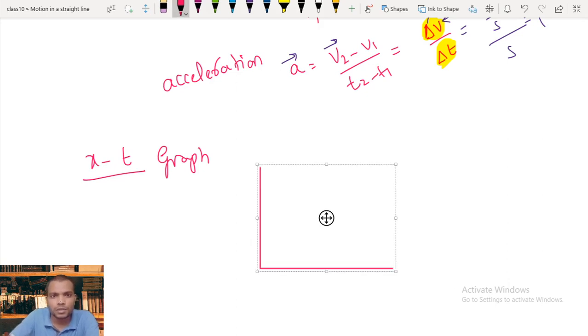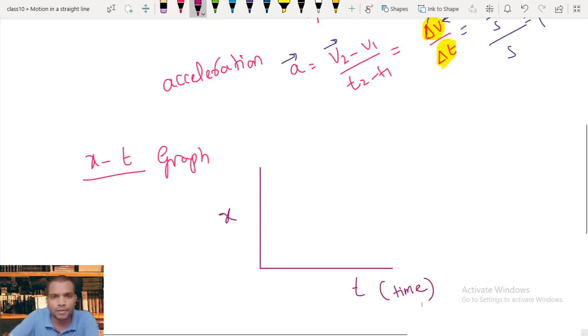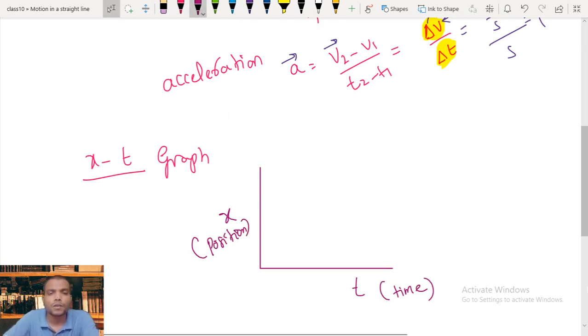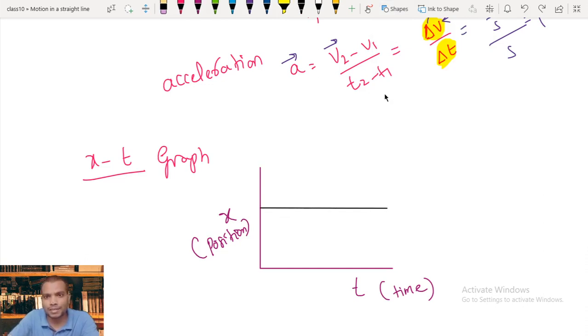With position x on the y-axis and time on the x-axis, the position time graph is a straight line which is parallel to the x-axis.